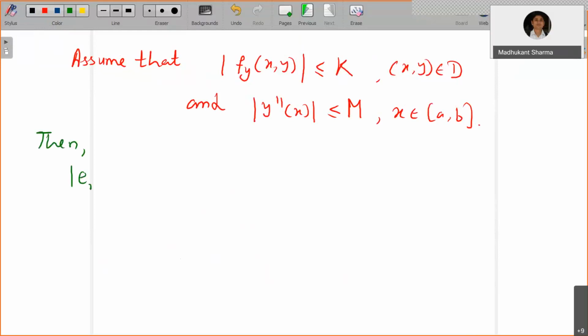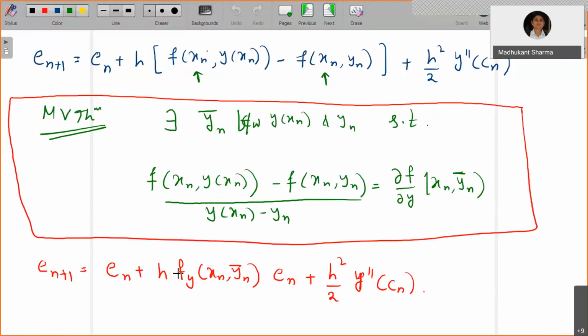mod of E_{n+1} is going to be, so go back and apply the triangle inequality: mod E_n plus h times mod f_y times mod E_n plus h square by 2 times mod of y double dash.